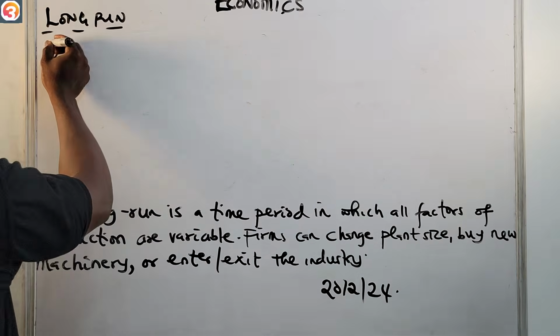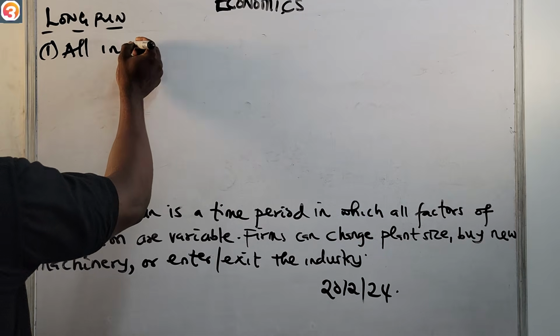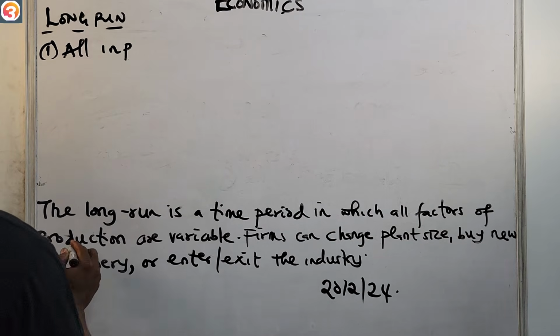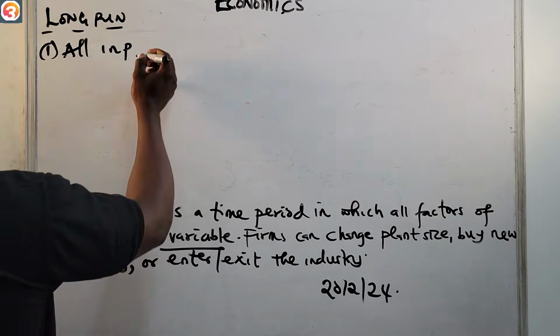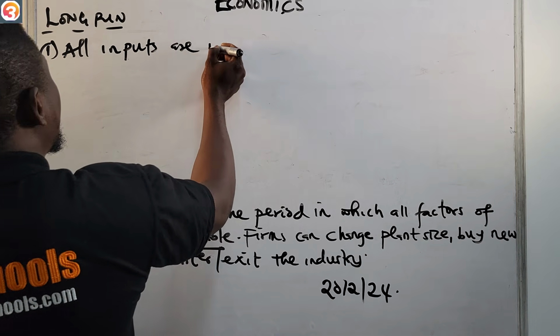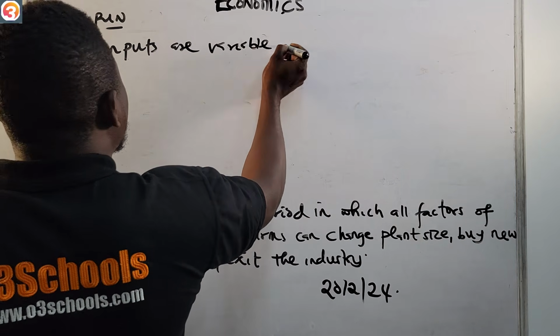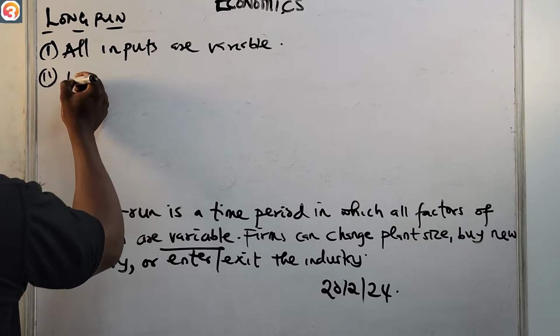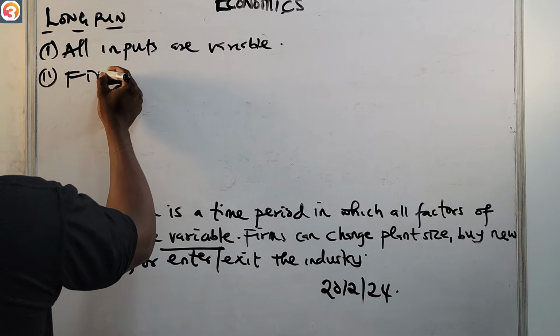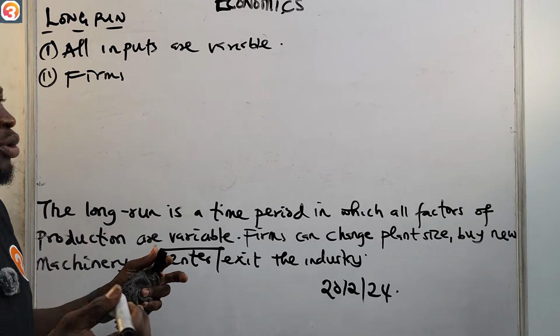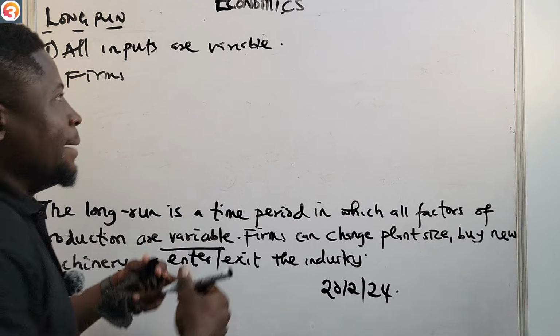Number one, of course, you know that all inputs are variable. Number two, firms here have a lot of time, so they can plan.